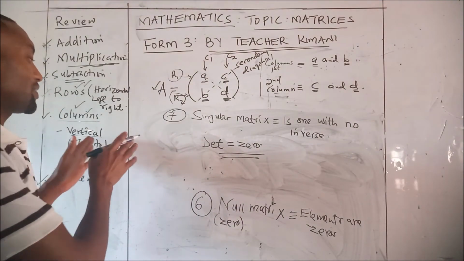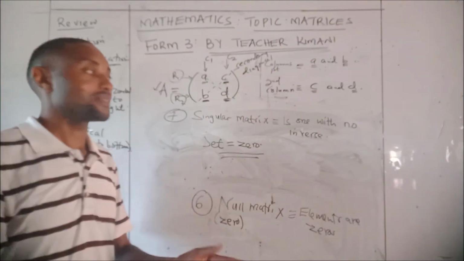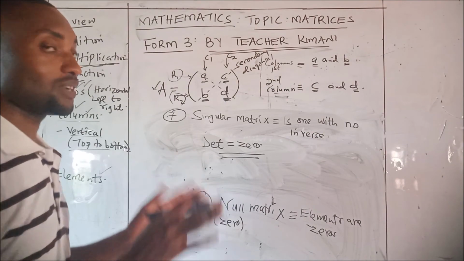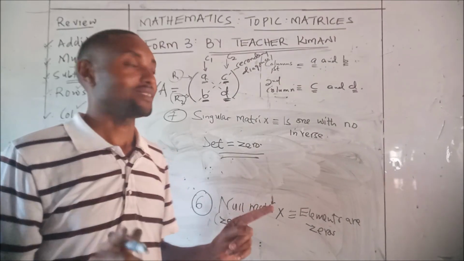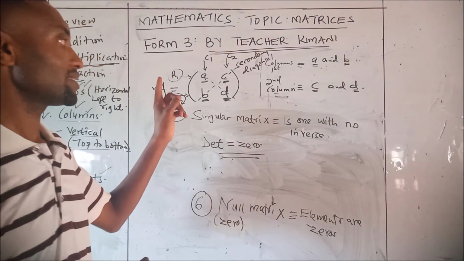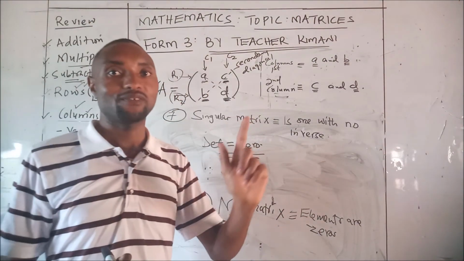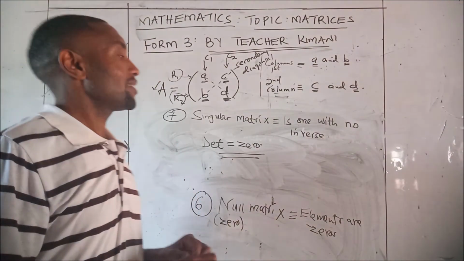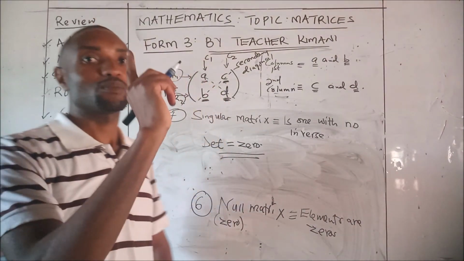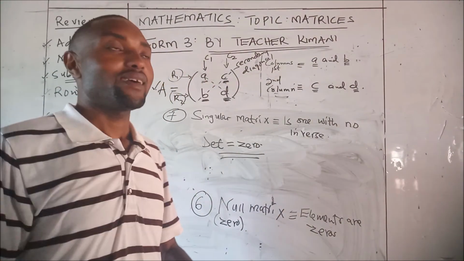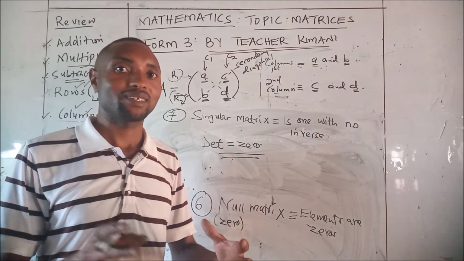We have talked of the rows, we have talked of the columns, and just to insist on that, for rows, you have to look from left to right, and for columns, it is from top to bottom. In this topic, remember, it's very simple.